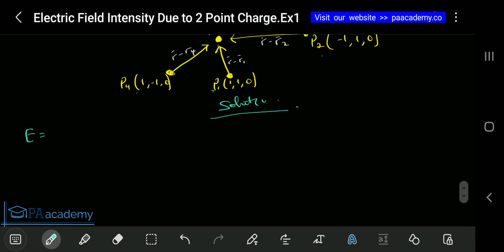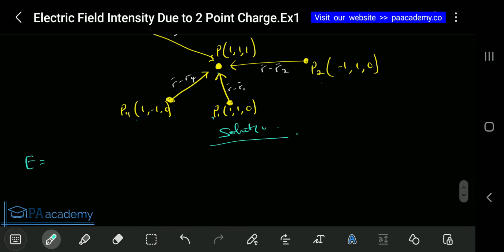To do that, let's first write out the electric field intensity itself. E is equal to Q over 4 pi epsilon naught times the magnitude, let's represent that with R, the square of it, then multiplied by the unit vector over its magnitude.